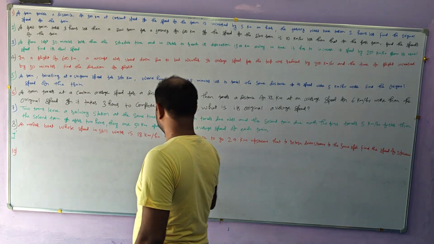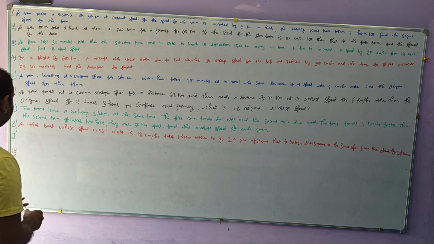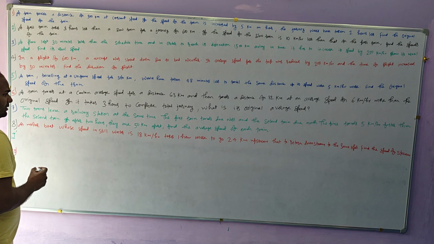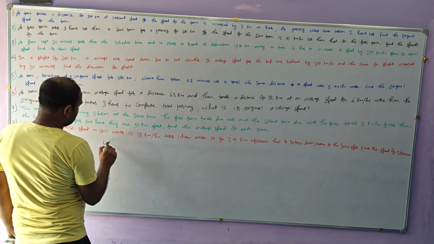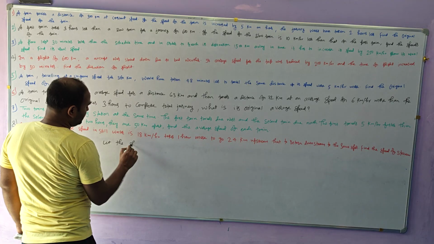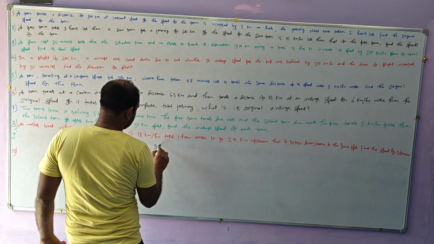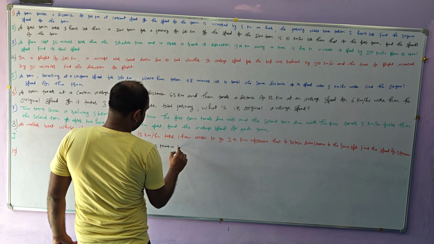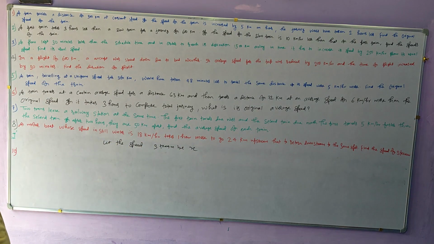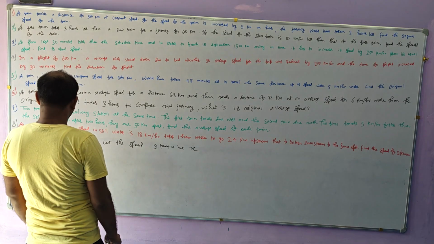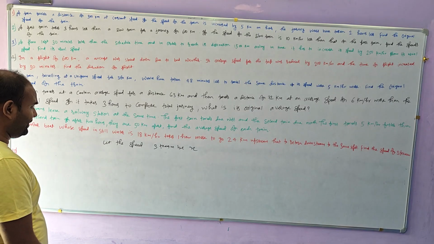So let the speed of the stream be x, and the speed of the boat in still water is 18 km per hour.